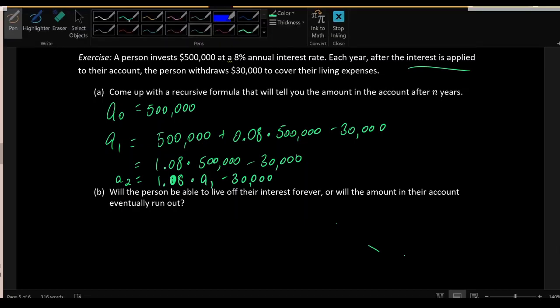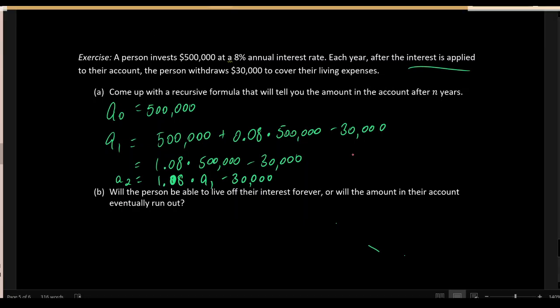So in general, the formula that I would use is that the amount in year n is equal to add the 8% interest to the amount in the previous year, and then deduct the living expenses. That's my recursive formula for the amount in the account after n years.